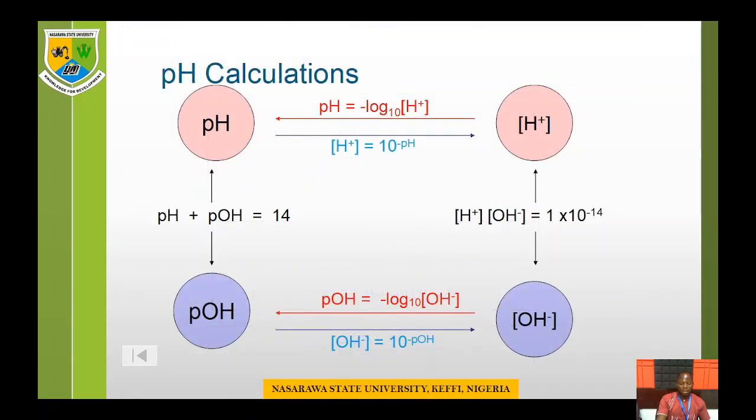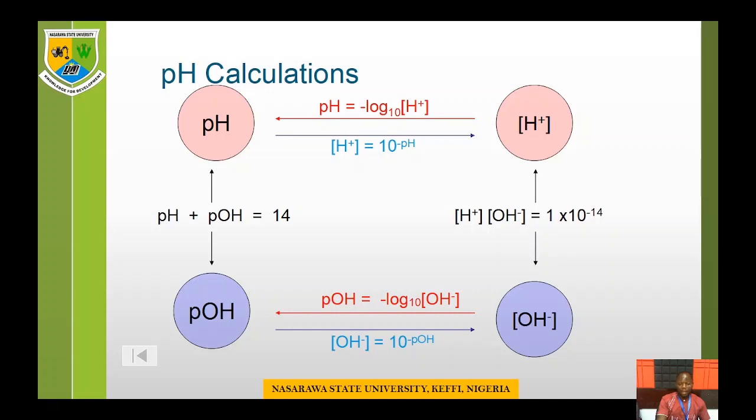Again, there's a chart here that needs memorization. And what is that chart? pH is equivalent to hydrogen ion concentration at the top. Then pOH is equivalent to hydroxyl ion concentration.